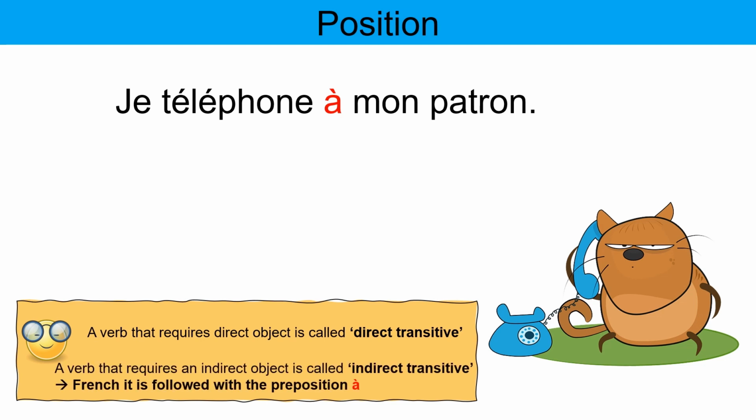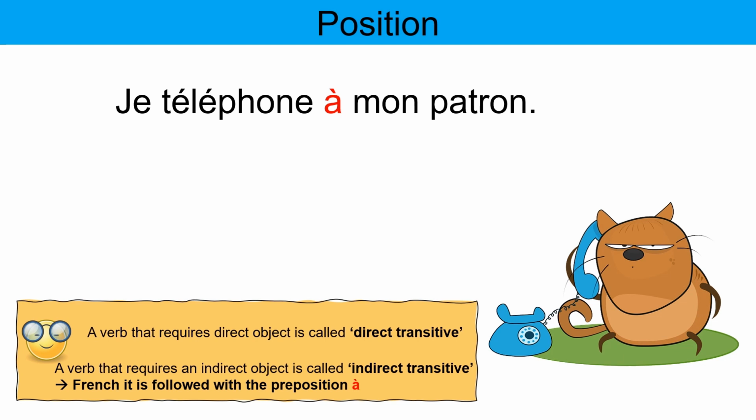Therefore, a verb that requires an indirect object is called indirect transitive. It means there's a little preposition after. And in French, that preposition is à with an accent. That's why we have in our example, je téléphone à mon patron.